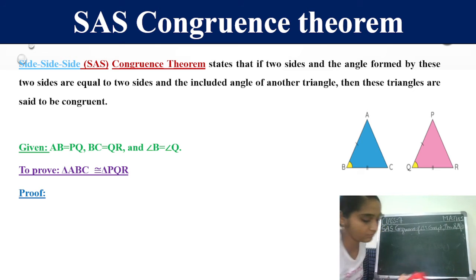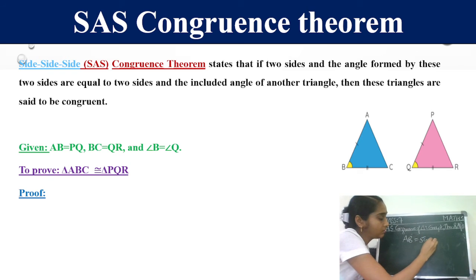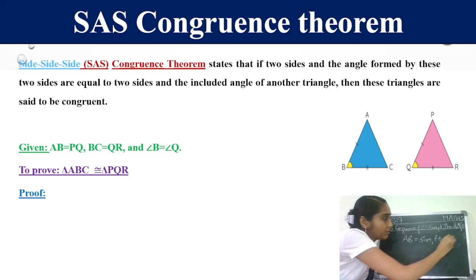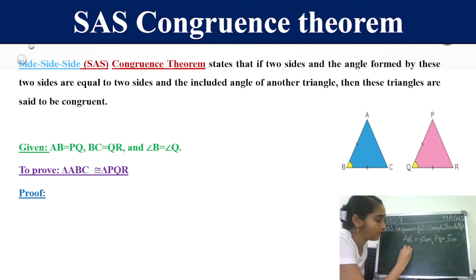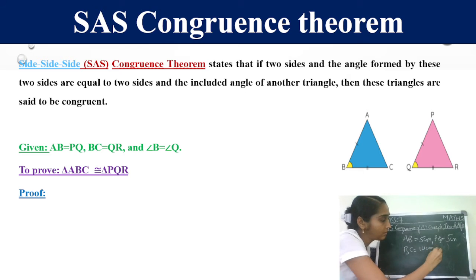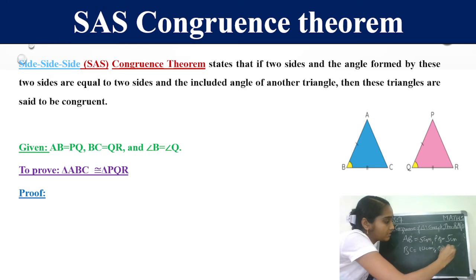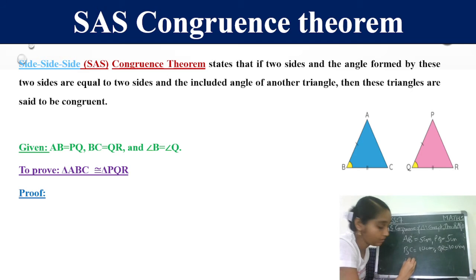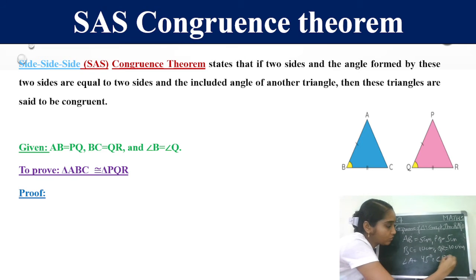Now just focus. I am giving the measurements AB equal to 5 centimeter and PQ equal to 5 centimeter. I am giving BC equal to 10 centimeter and QR equal to 10 centimeter, and I am giving you angle A equal to 45 degrees and angle P equal to 45 degrees.